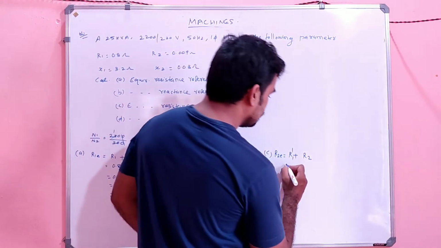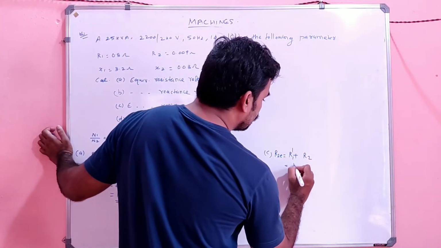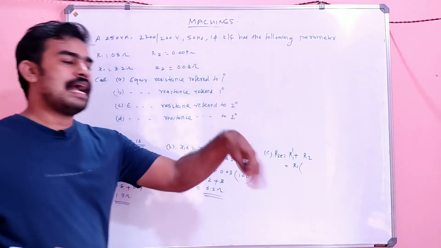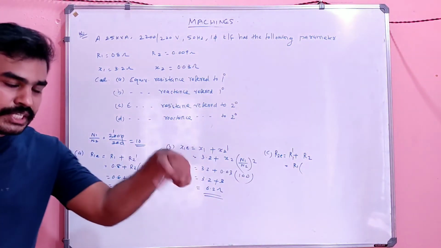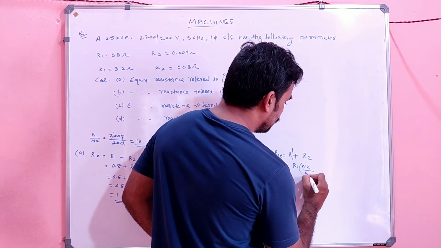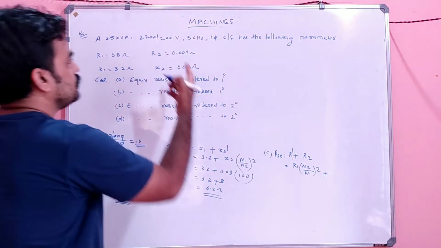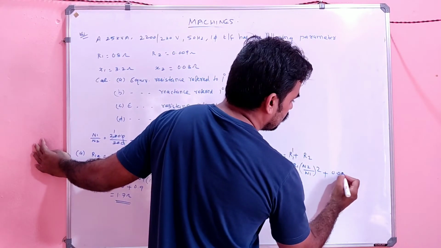So what will be your answer? R1 dash is nothing but old R1 into, to what side are you going? You are going to the secondary side, right? So the secondary side number of turns the whole square, plus old R2, which is 0.009.